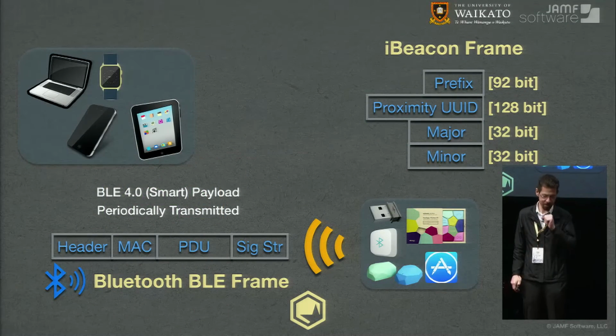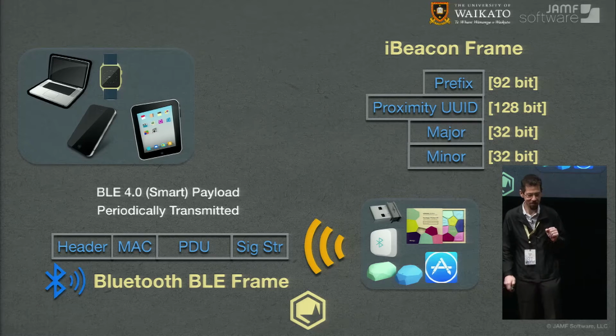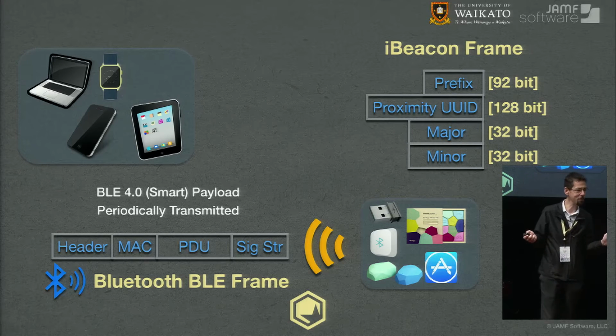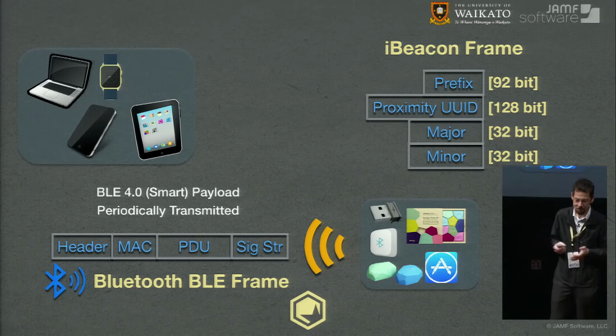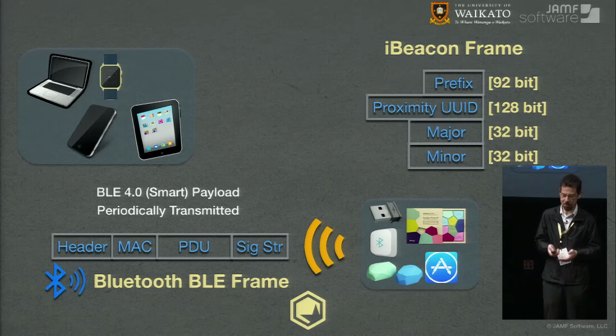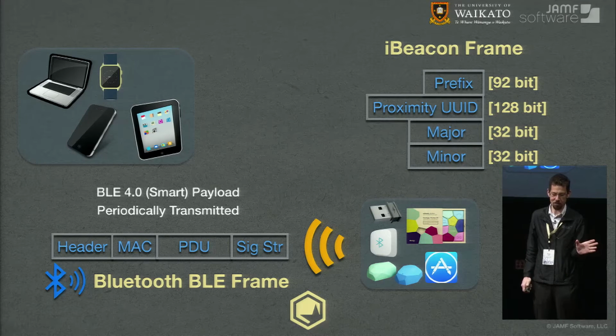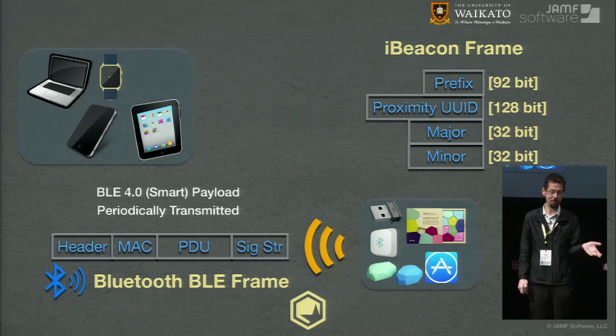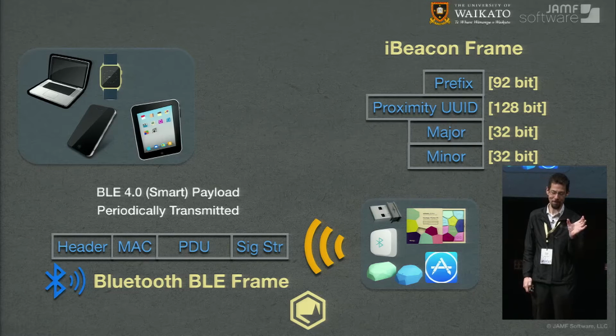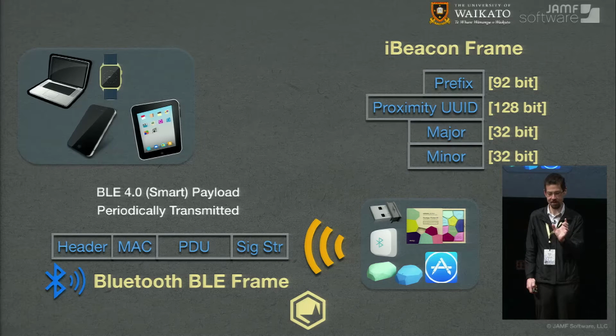So I'll try not to bore you too much with this section, but I wanted to explain a little bit about what a Bluetooth beacon payload looks like. Essentially, you've got these devices, and they broadcast a Bluetooth signal, which is very simple. It's a header frame, the MAC address of the device, the PDU, which is the payload, and a little indicator showing how strong the signal it's trying to broadcast is.